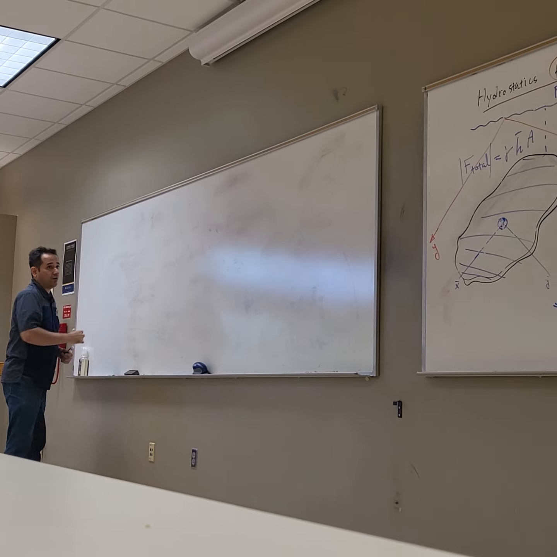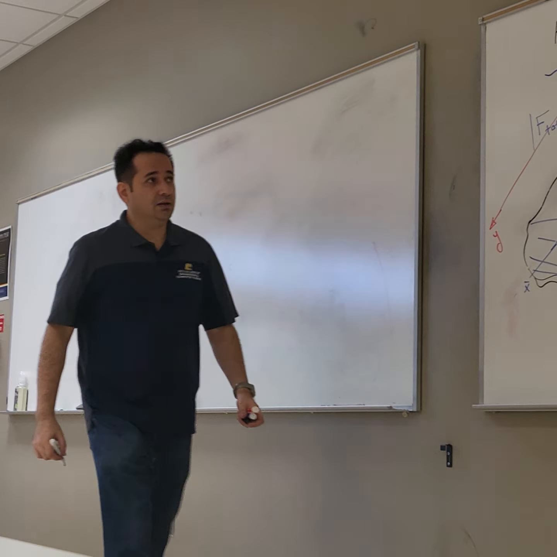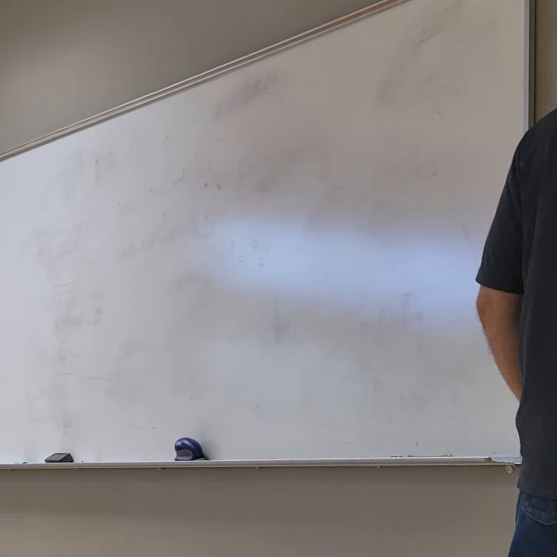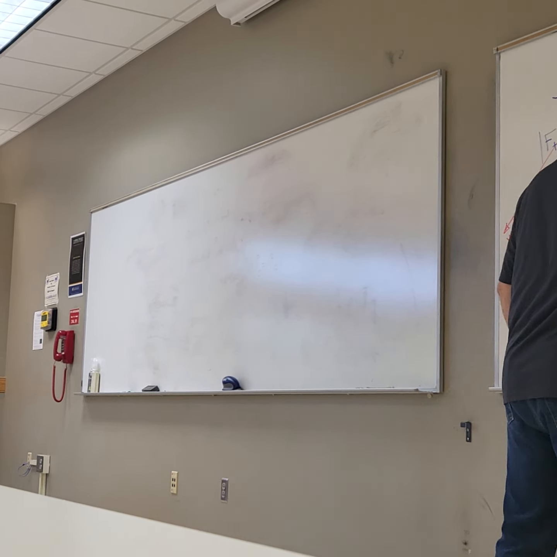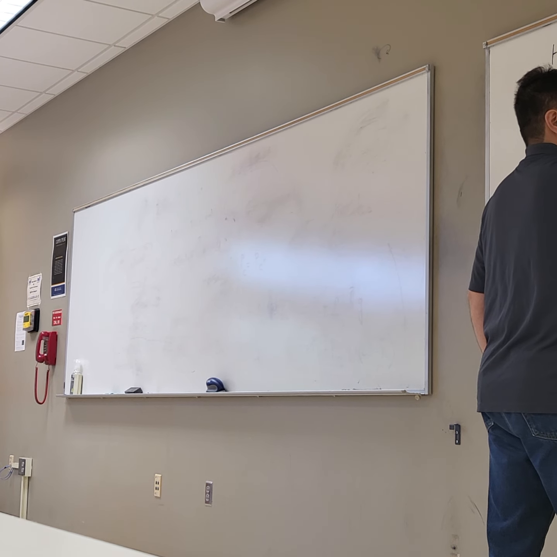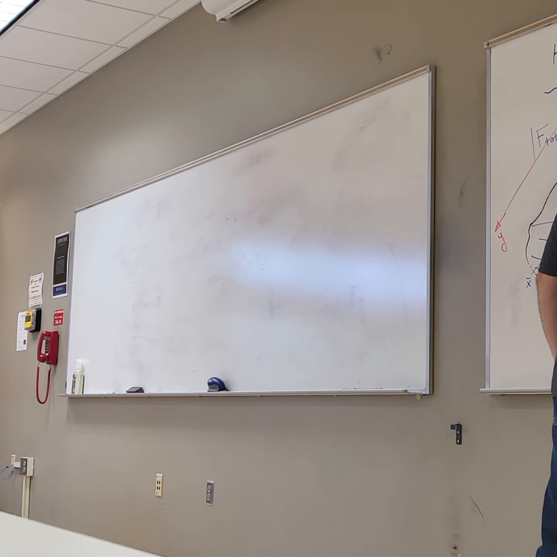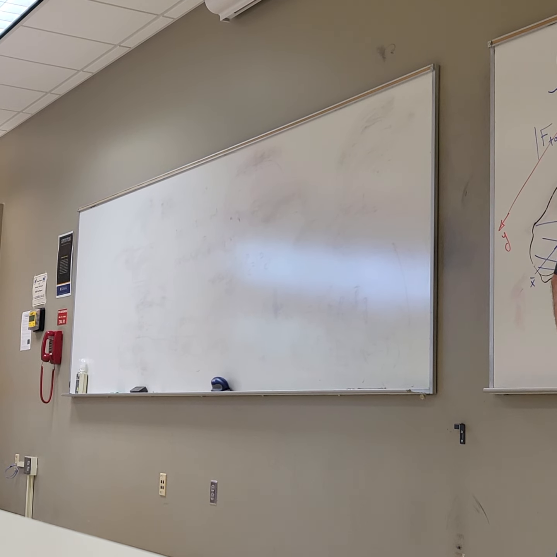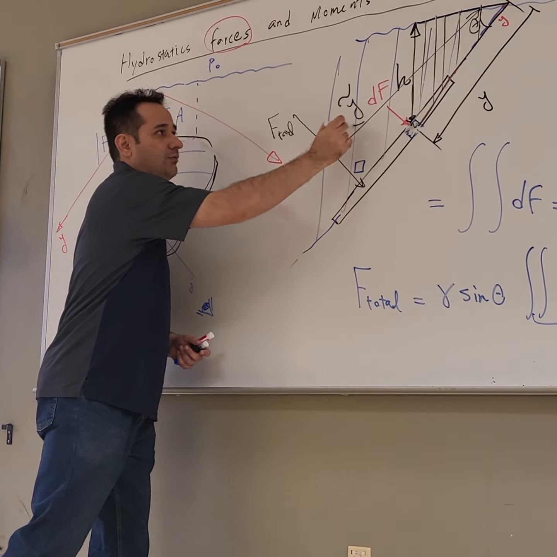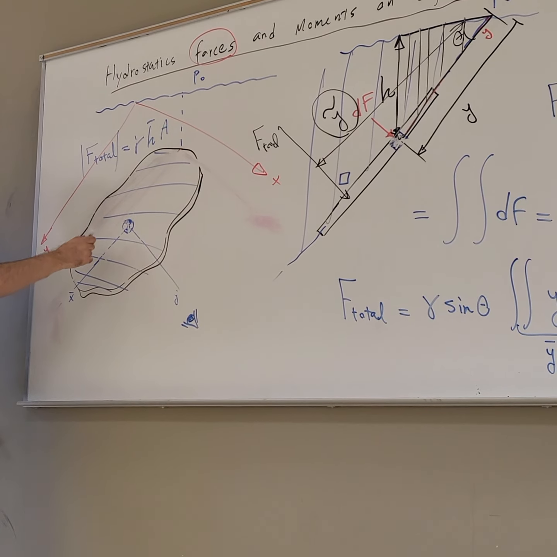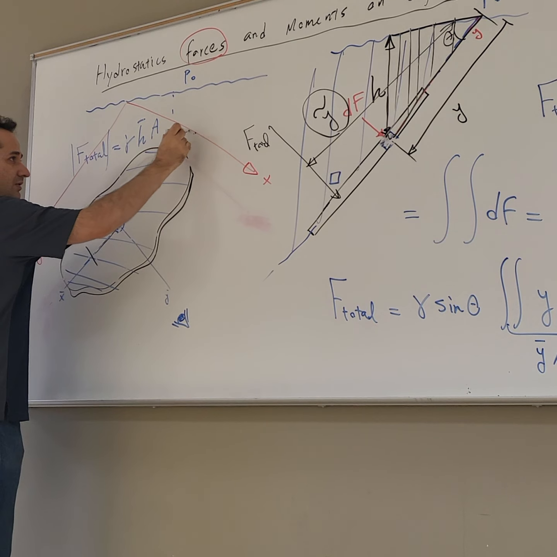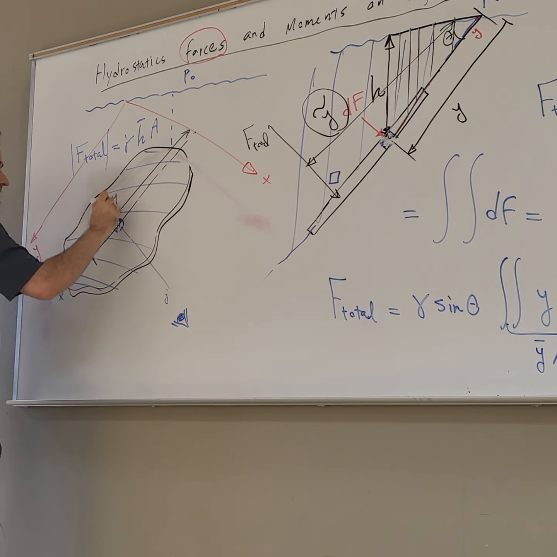If you write the sum of the moments about this point, and if you assume that you replace all these with F total at some point that we don't know, let's say y tilde, that's what I'm trying to find, from here all the way to here, this is your y tilde.